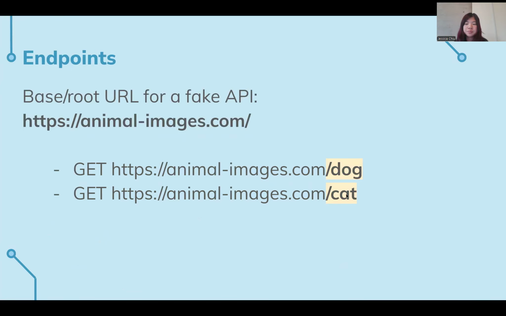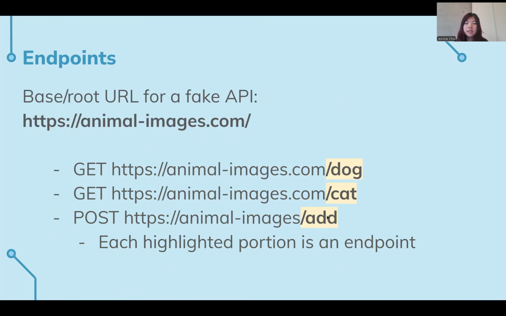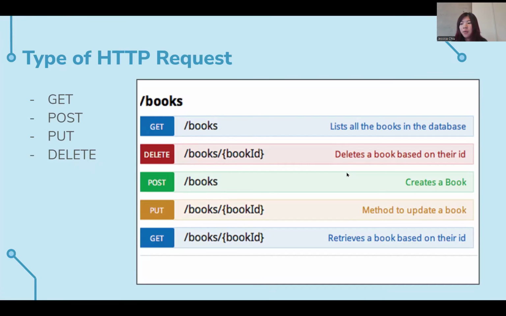You can do this many other ways. You can see all these highlighted portions are endpoints, and you always use this format: you put the type of request you want to do, in this case GET, then the base URL, and then whatever endpoint you want to use to get the information you need. And there are many different types of endpoints.